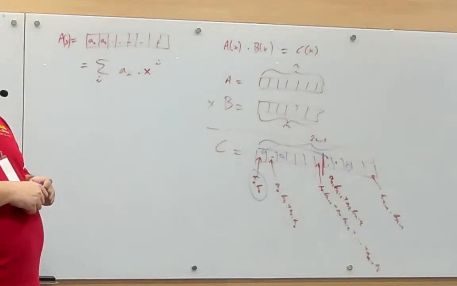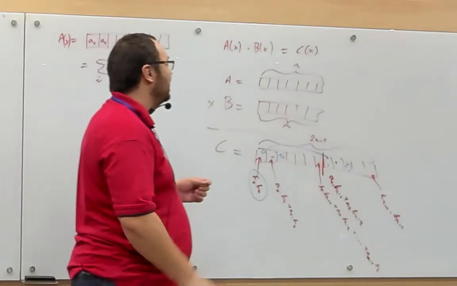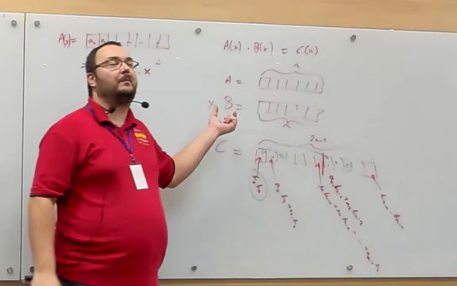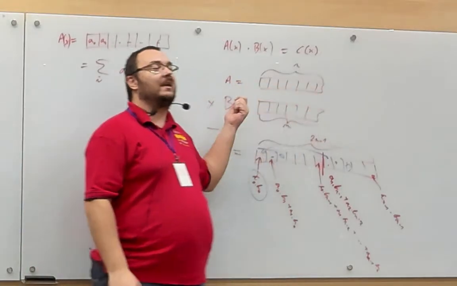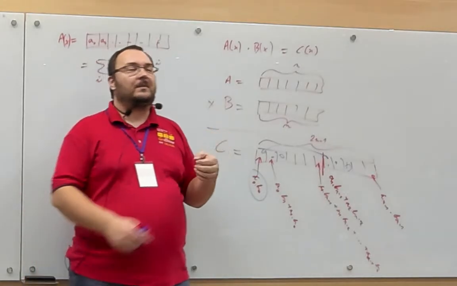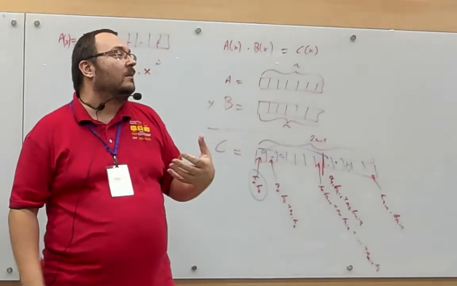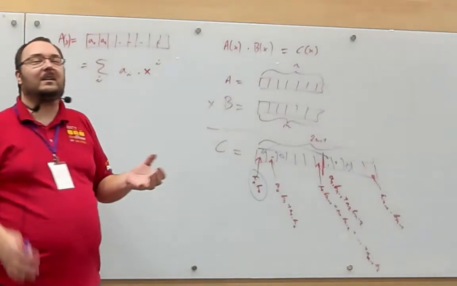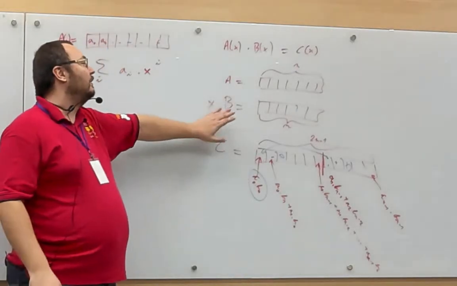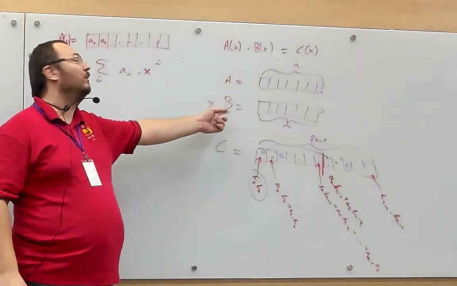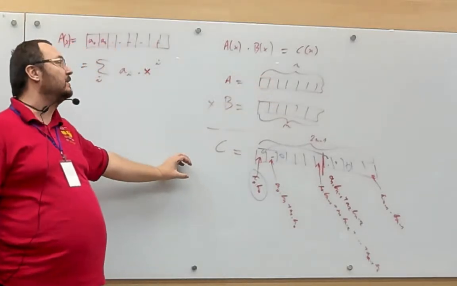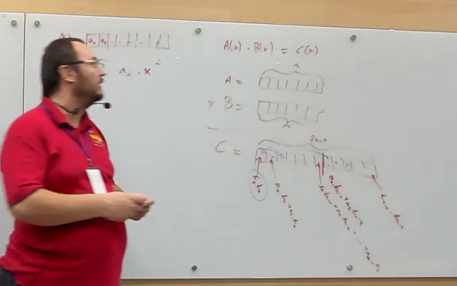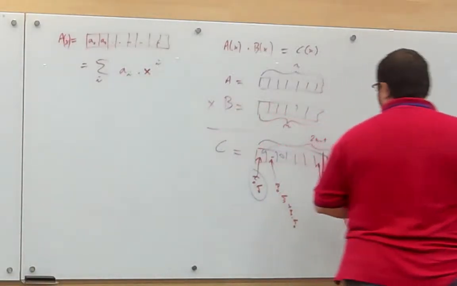We can also do the same thing, but if you don't like the fact that B is reversed, so that we are going along A in one direction and along B in the opposite direction, and you want to do the opposite thing, it is very easy. The only thing you have to do, before you start this computation, is reverse B. If you reverse B and then multiply the two vectors, you get the convolution where all of the sequences are going in the right direction.